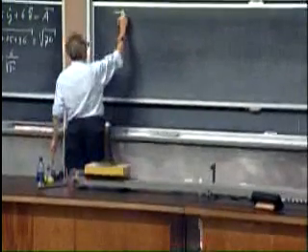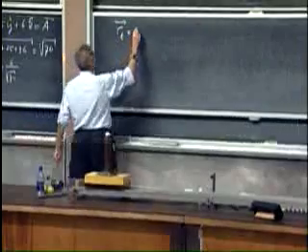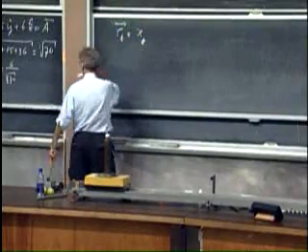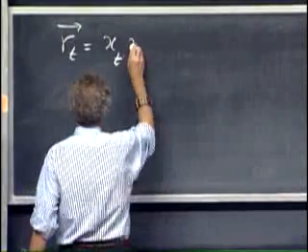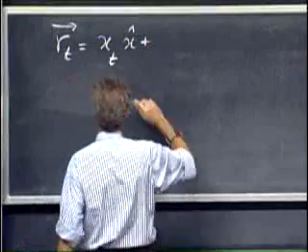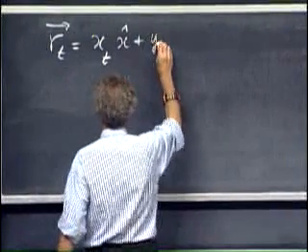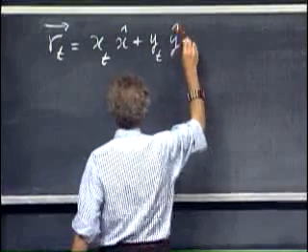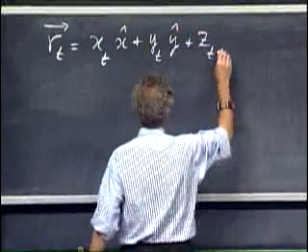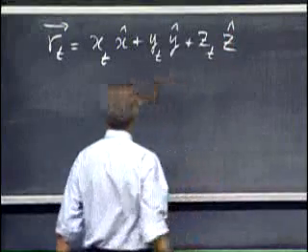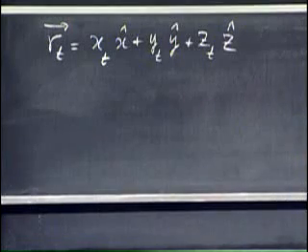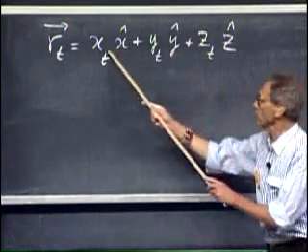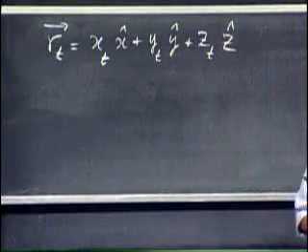R, which changes with time, is now X of T times x roof, plus Y of T, y roof, plus Z of T, z roof. I have decomposed my vector R into three independent vectors. Each one of those changes with time.